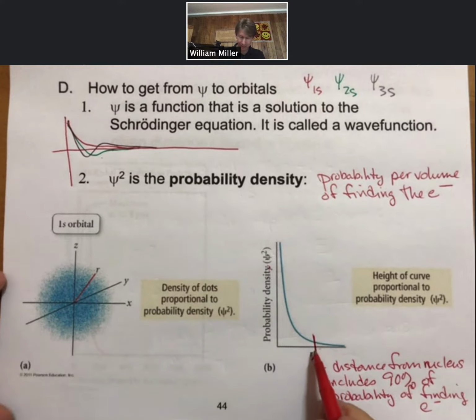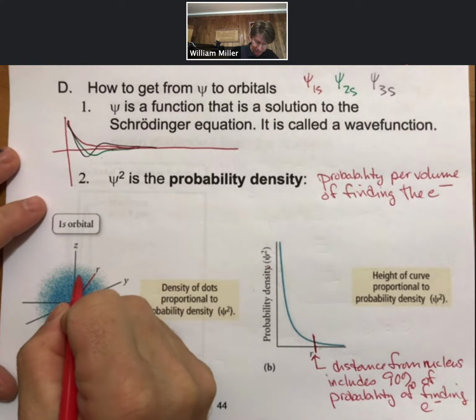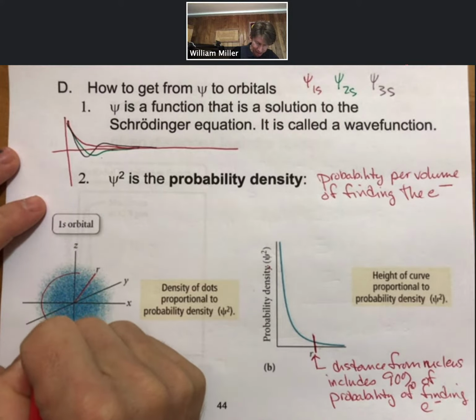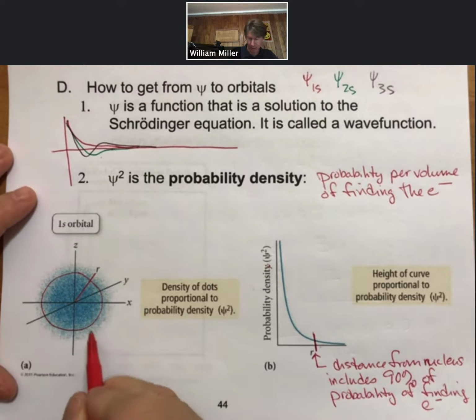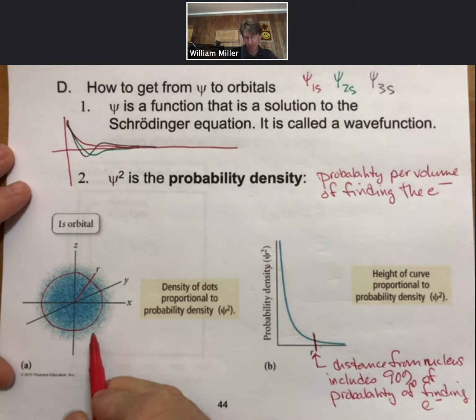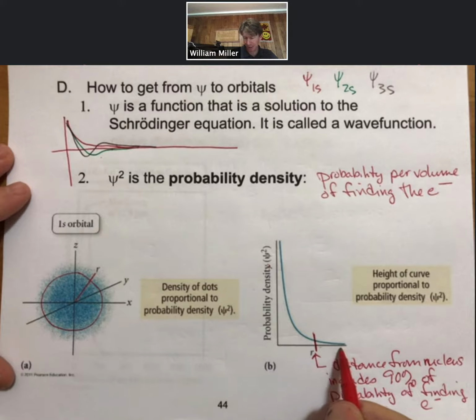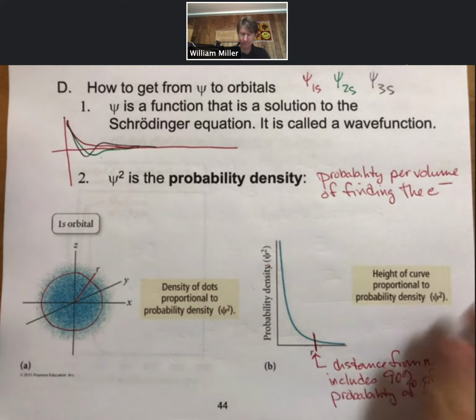And that would be akin to drawing a circle or a sphere, somewhere around here. So there is probability outside of it, but it is exponentially decreasing. Okay.